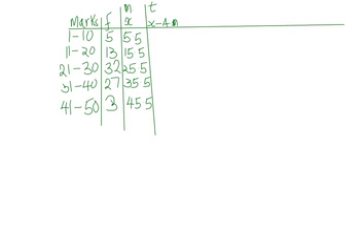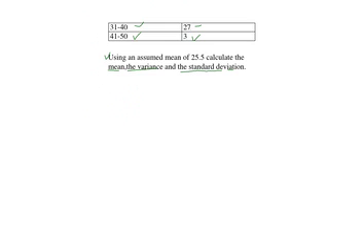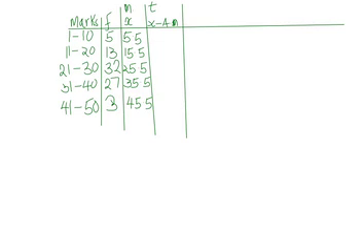So let me close the column. So x is 5.5, the assumed mean is 25.5. It is given as 25.5. So 5.5 minus 25.5 gives us negative 20.